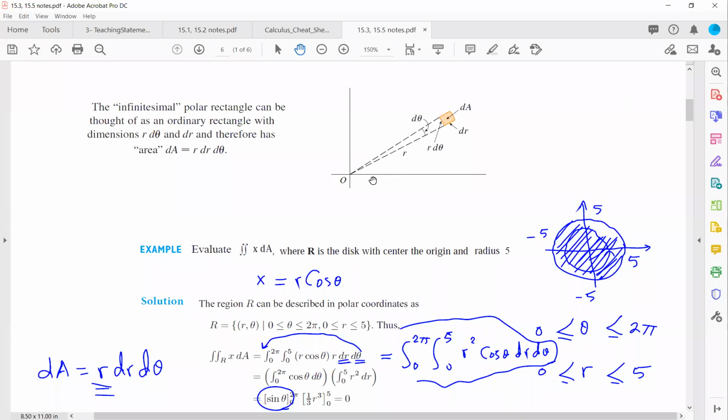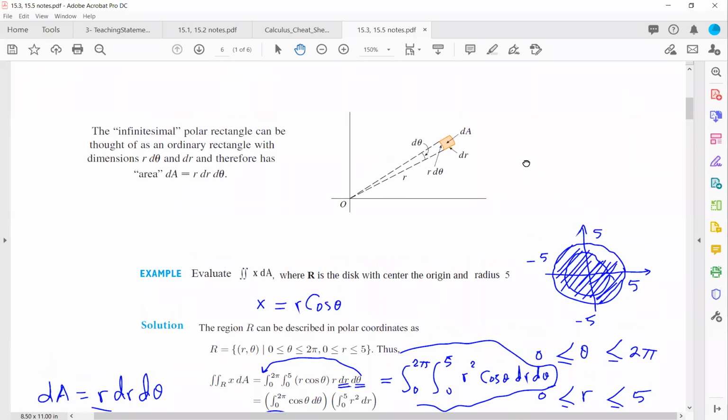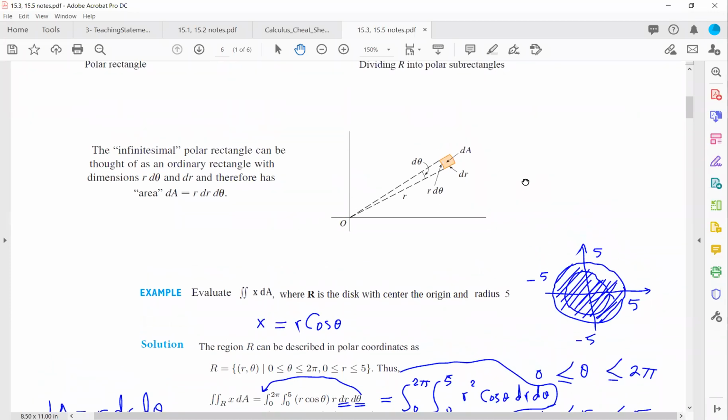This extra r is coming from converting your dA into r dr d theta. So your dA is the very small area. You take a very small area and you convert it into polar format.